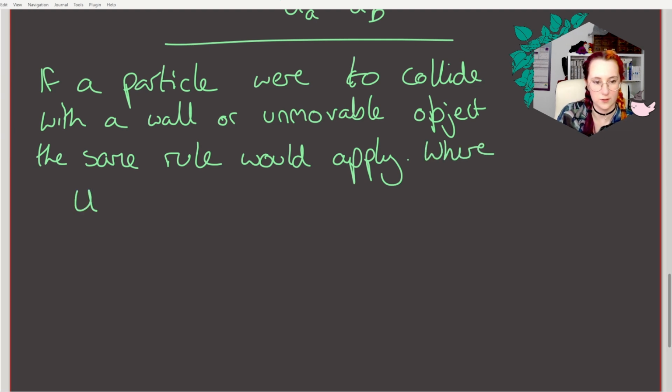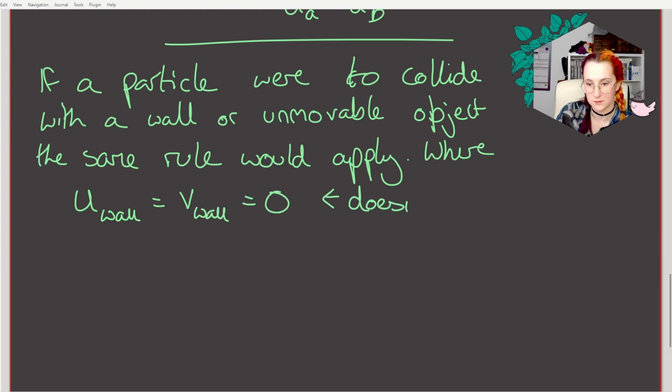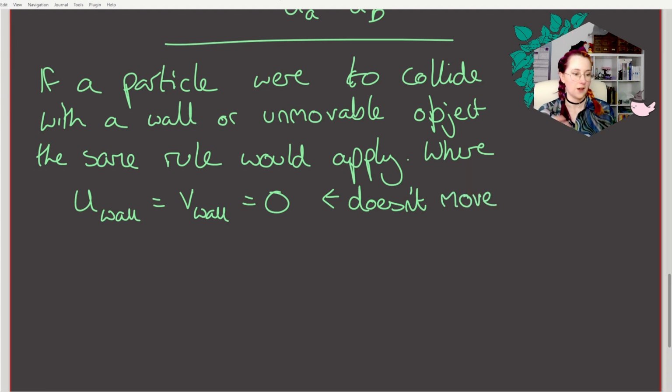Where U wall equals V wall equals 0. Doesn't move. Okay, so if we were going to do this example where instead of two particles colliding, it was one particle and a wall, you would just take the wall's speed at both times to be 0, but the rules still apply.